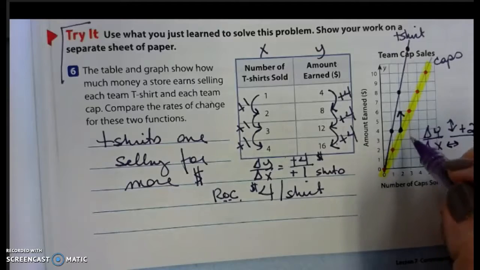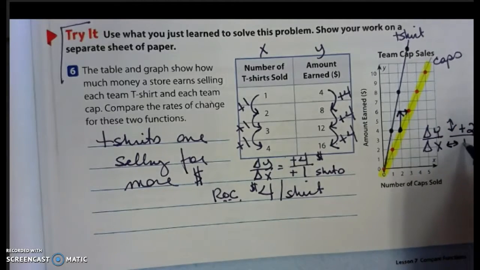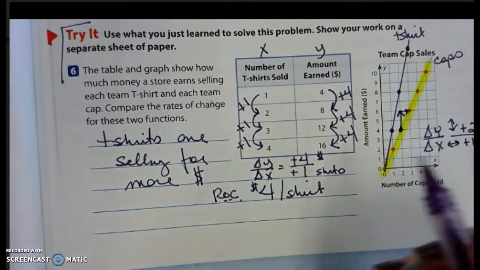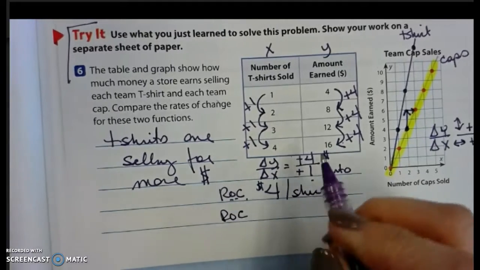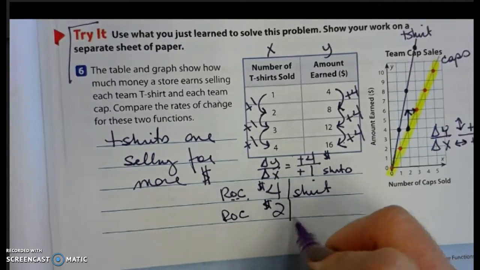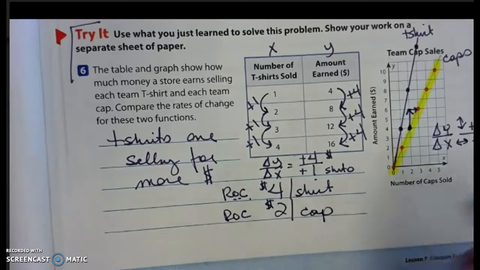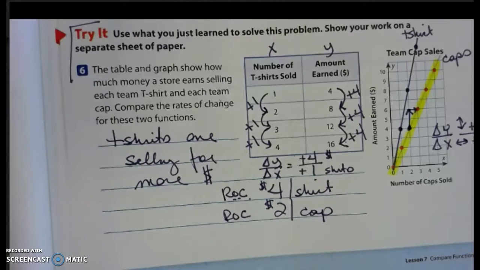What is my change from 2 to 3? That would be plus 1. So the rate of change for my caps would be $2 per cap. So if we're comparing the rate of change in verbal description, you can easily see that they're making more money off the shirts than they are the caps. Okay, they're making $4 per shirt, $2 per cap.